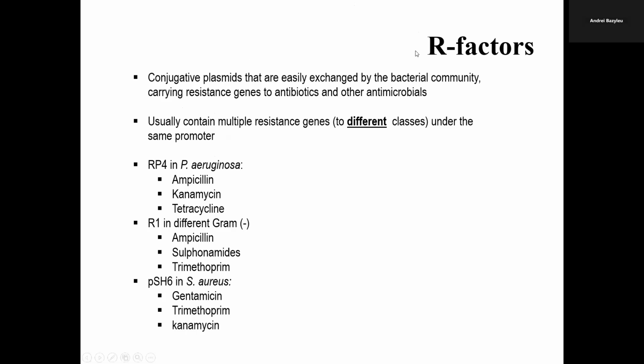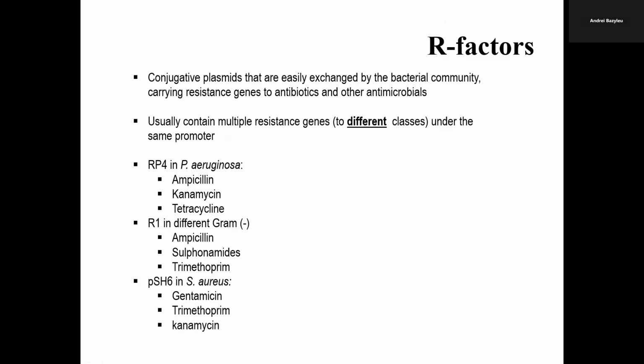Again, the R factor stands for resistance factor. Don't get confused. It's not like plasmids are only known for conferring resistance to bacteria. It's just in the context of antibiotic resistance discussion, people working with these like to call conjugative plasmids carrying the antibiotic resistance genes resistance factors. Obviously, plasmids can carry a lot more than just antibiotic resistance genes.